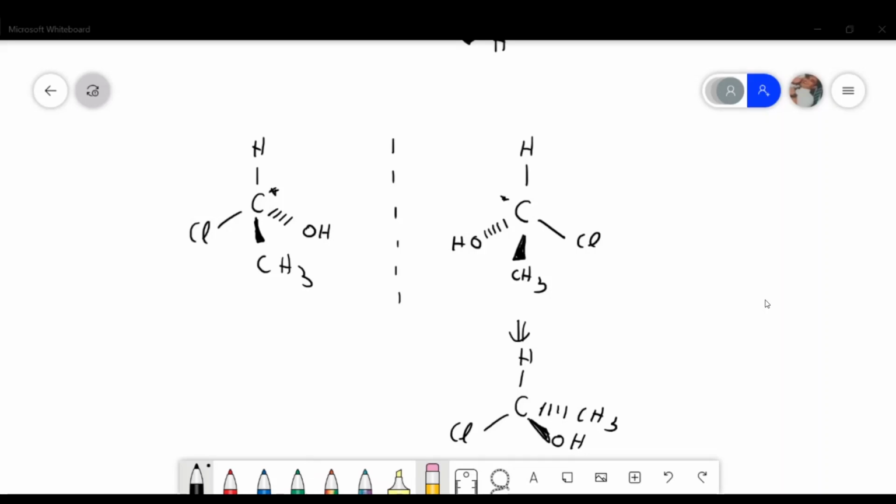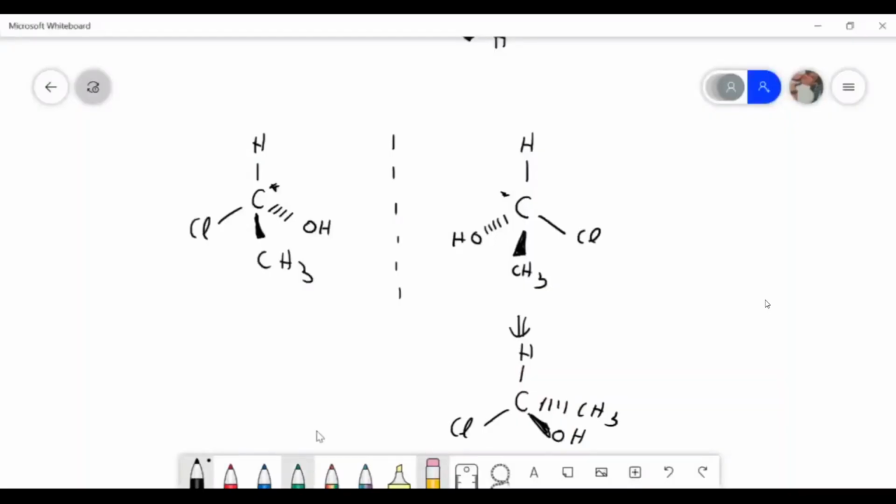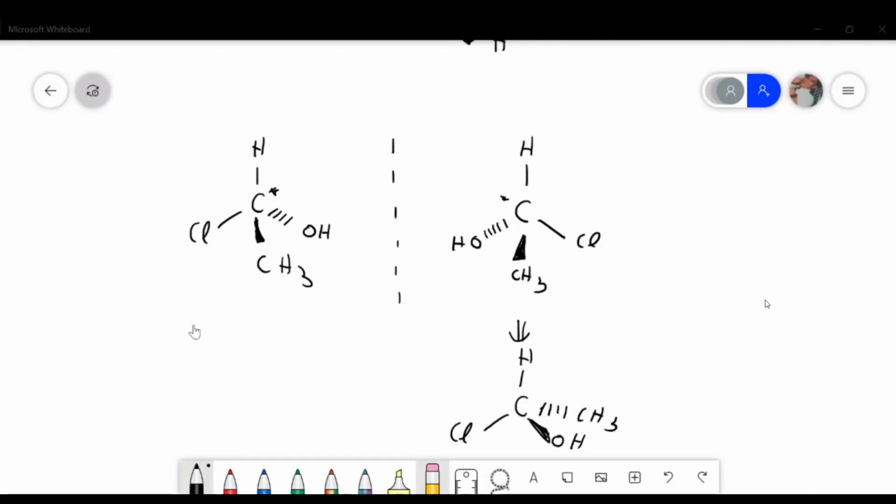As long as you follow the steps of drawing the first molecule on the left and then following it on a mirror plane, you should be able to get it. And remember that whenever you have two chiral centers, you have to draw the 3D structures for both of them. So whenever you have diastereomers with two chiral centers, remember to draw both of them in the mirror plane. Does that make sense?